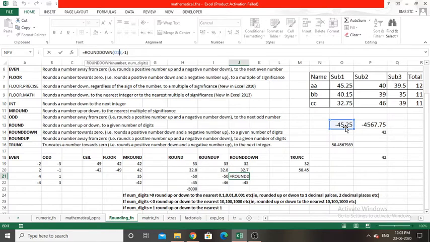Because we are going to perform round down. If we are performing round up, it will take 50. But instead of round up, we are performing round down. So it will only consider the round down nearest 10. So it is 40. So it gave the output as minus 40.